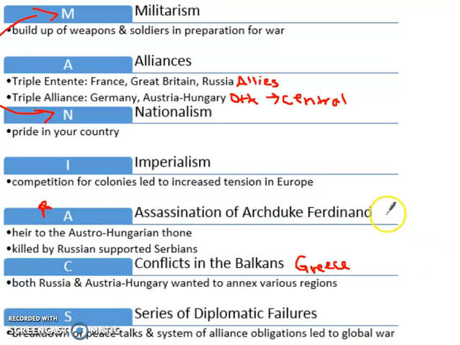Which leads me back to letter A, the assassination of Archduke Ferdinand. So Archduke Ferdinand is an heir to the Austro-Hungarian throne, so he's going to be the king one day of Austria-Hungary. And he is traveling through Sarajevo, which is a part of the Austro-Hungarian Empire where the Serbians live, where Serbia is.